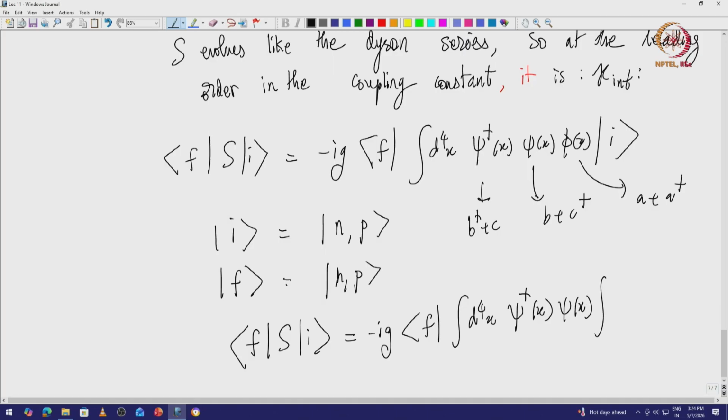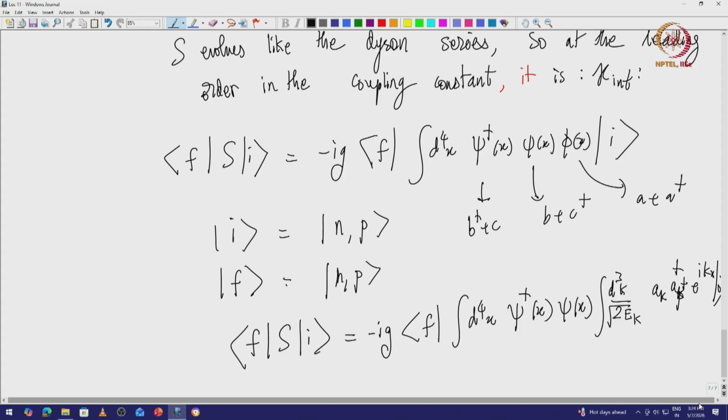I am just introducing the meson state operators. So this will be integral d cube k over E k, this is the relativistic normalization, a k a p dagger e power minus I k x, acting on the vacuum |0>.